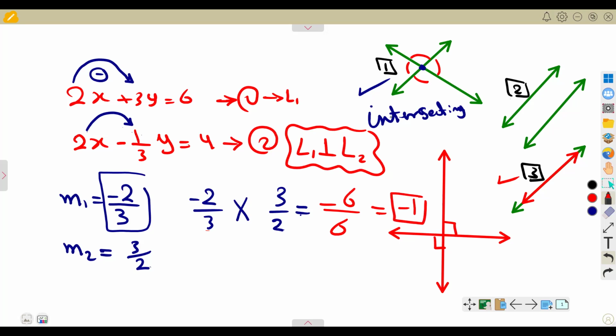They already intersect, but the difference between intersecting and perpendicular is that in ordinary intersection the angles are acute and obtuse, but in perpendicular lines the four angles at the intersection point must all be right angles, 90 degrees. This is the four cases of two lines together on the same graph.